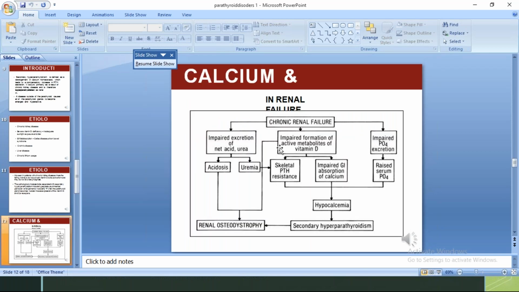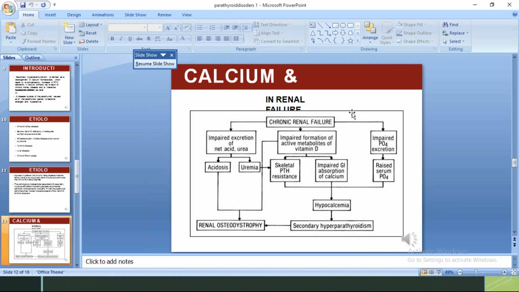So this flowchart clearly conveys altered calcium homeostasis in case of chronic renal failure, leading to renal osteodystrophy and hyperparathyroidism. So chronic renal failure leads to impaired excretion of uric acid and urea, leading to acidosis and uremia.